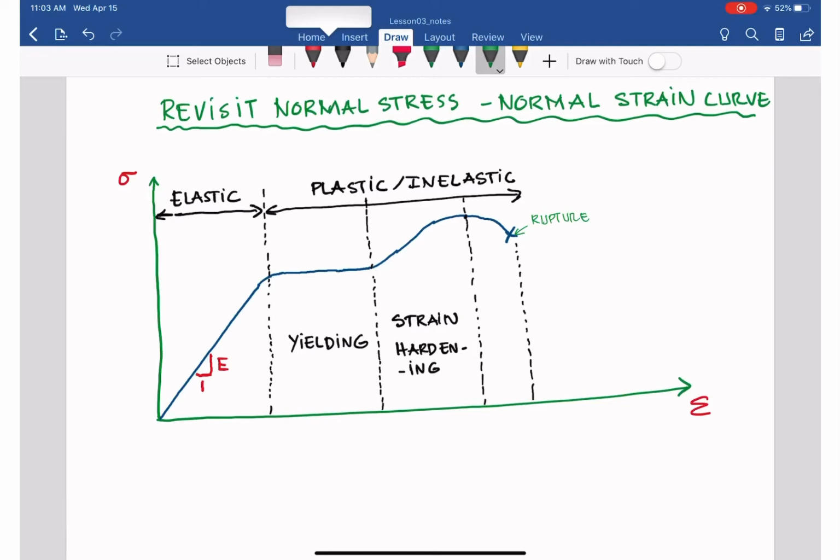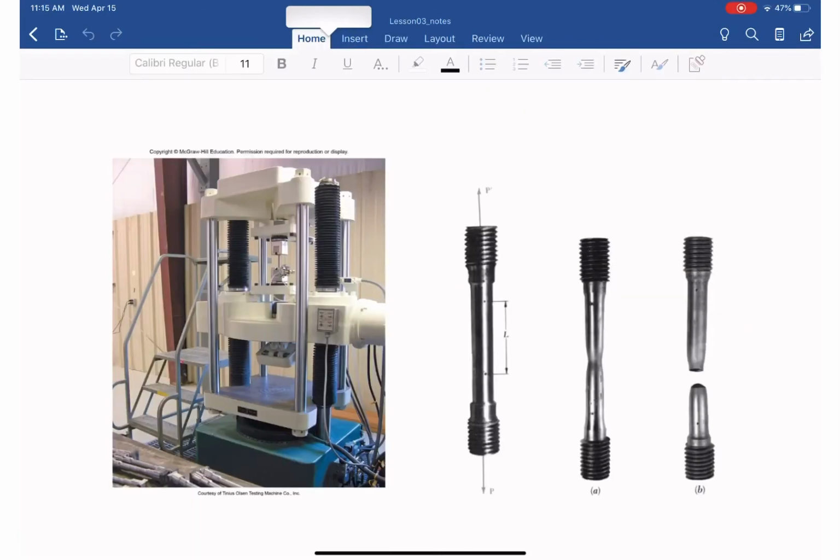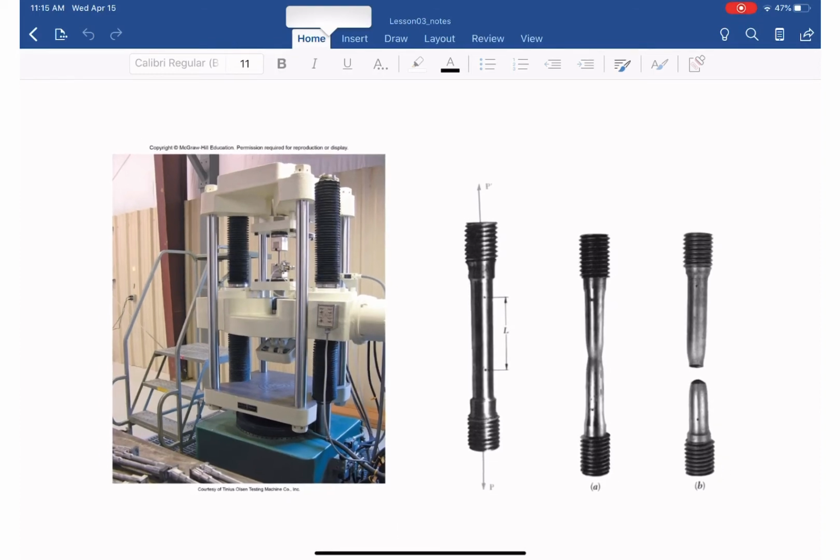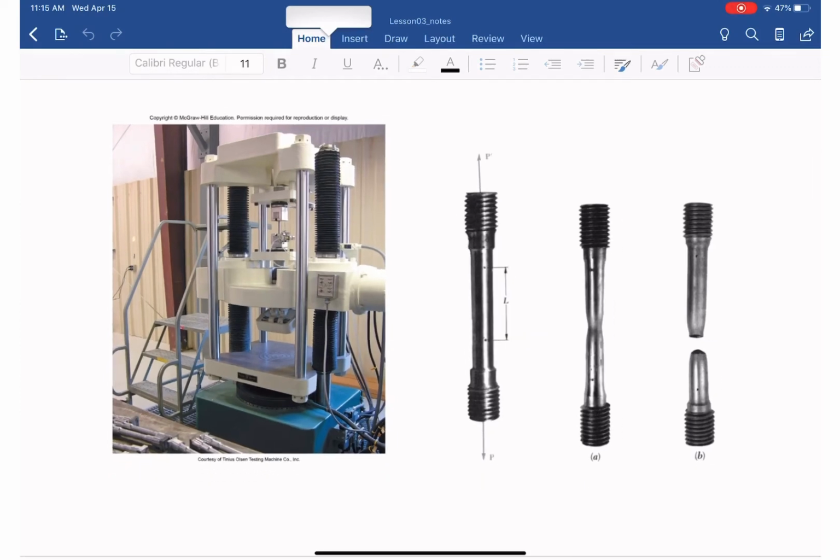Between the end of strain hardening and the rupture, we call it necking. That portion is necking. What is necking? It's like a neck. Let's see the testing equipment that I copied from the book, as you can see on the left, and the specimen you use for the tensile lab. Our equipment for the lab is a little bit different, which I'm going to show you in a few minutes.